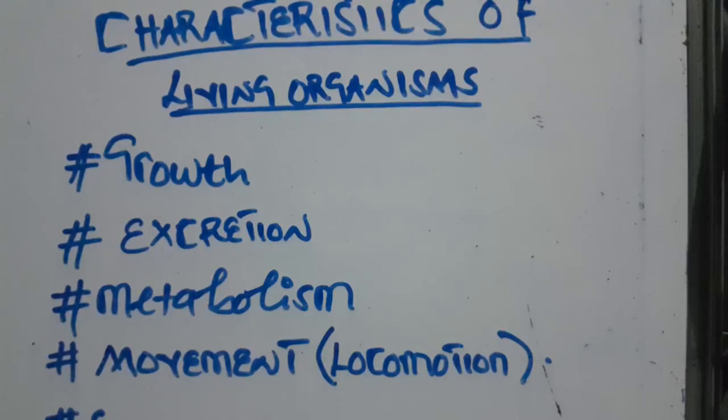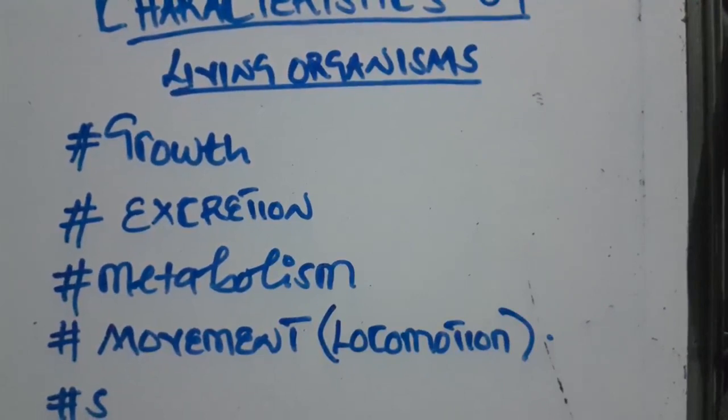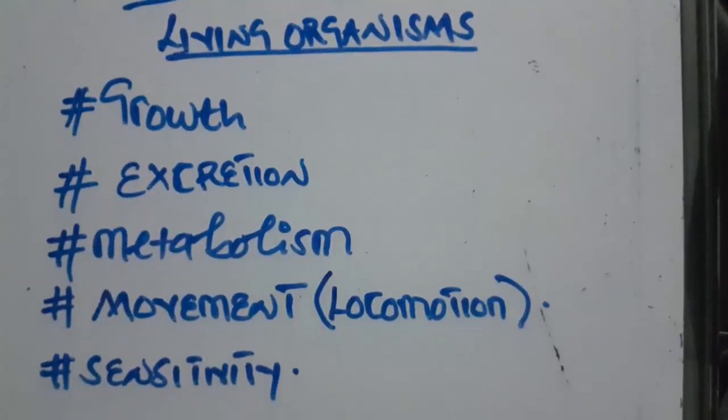So the ability of living organisms to respond to environmental changes is what is termed sensitivity. It is the ability of these living organisms to detect and to respond to the changes that have occurred outside. So that is sensitivity.